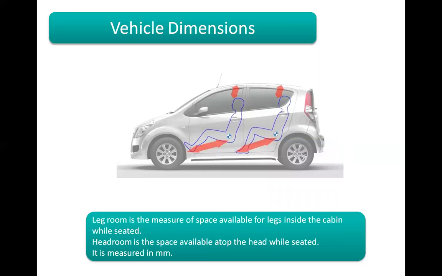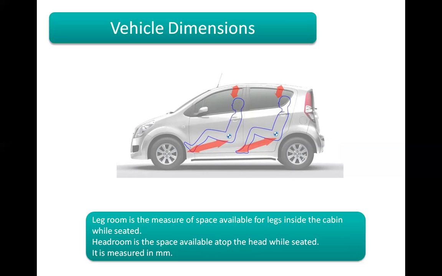Now vehicle dimension again. The leg room, if you see the picture, is a measure of the space available for legs inside the cabin while seated, whereas headroom is the space available atop the head while sitting.